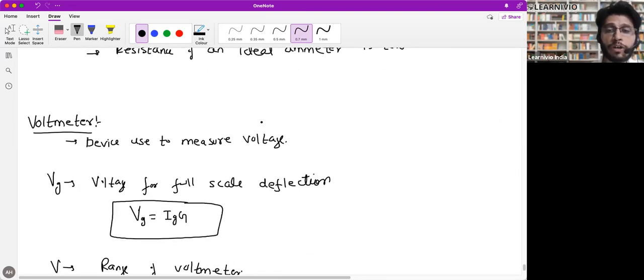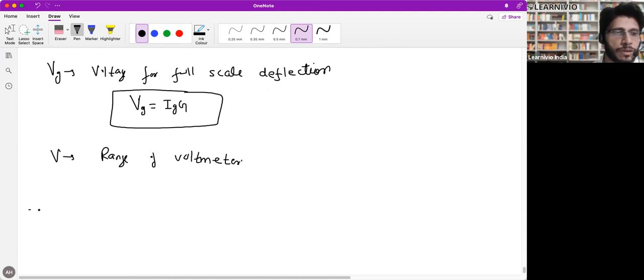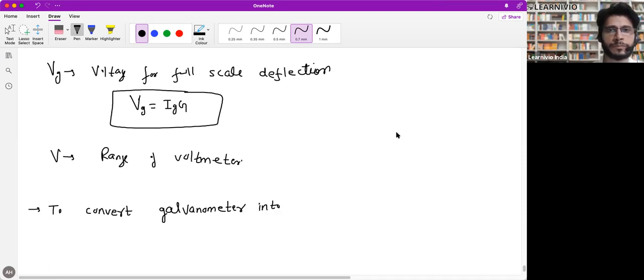But to convert a galvanometer into voltmeter, we connect a resistor in series.